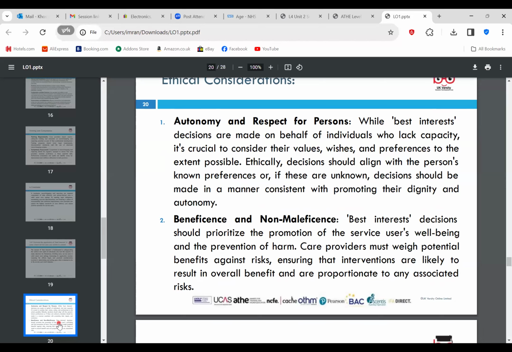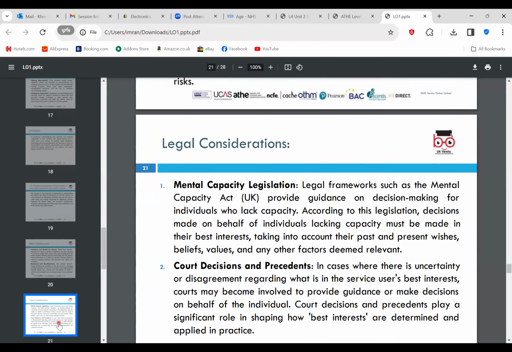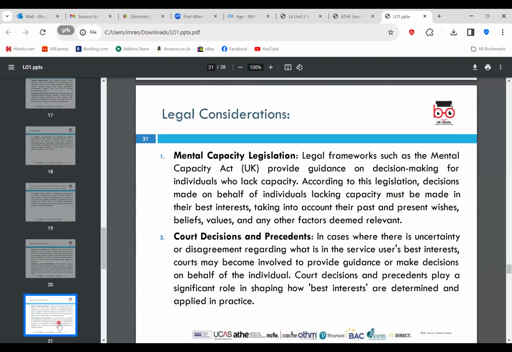Legislation is very important. It is a legal framework such as the Mental Capacity Act in the UK, that provides guidance on decision making for individuals who lack capacity. According to this, decisions made on behalf of individuals who lack capacity must be made in their best interests. They take into account their past and present wishes and beliefs.